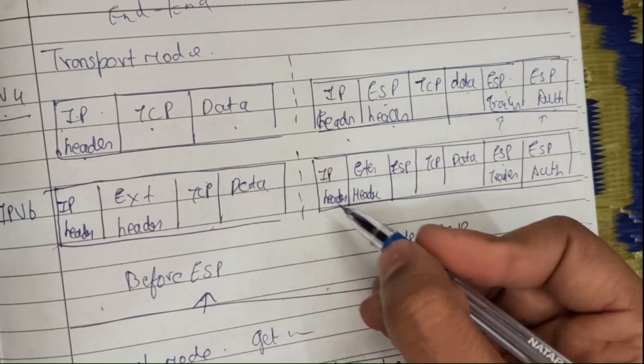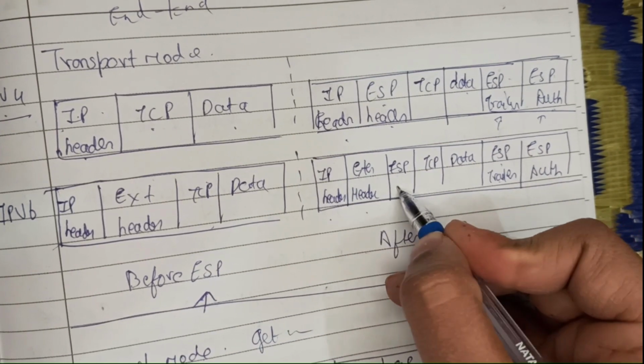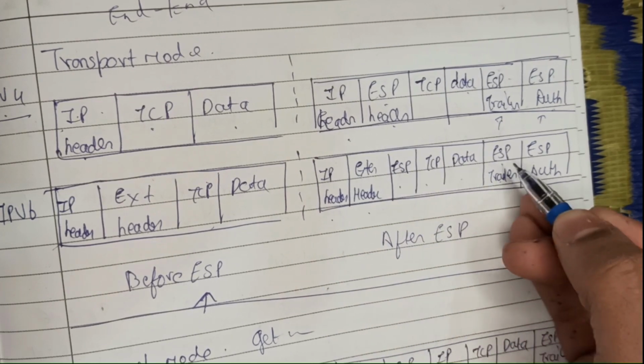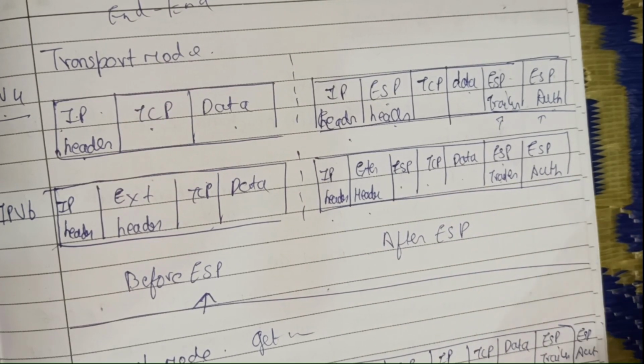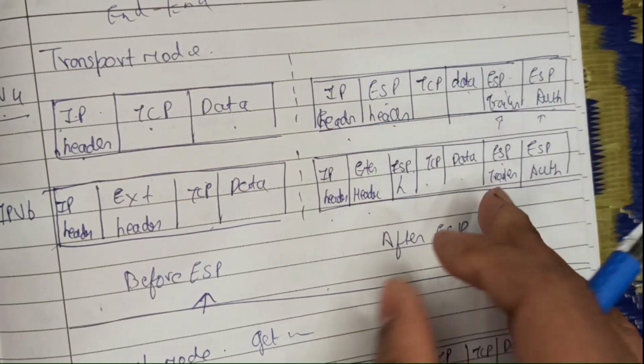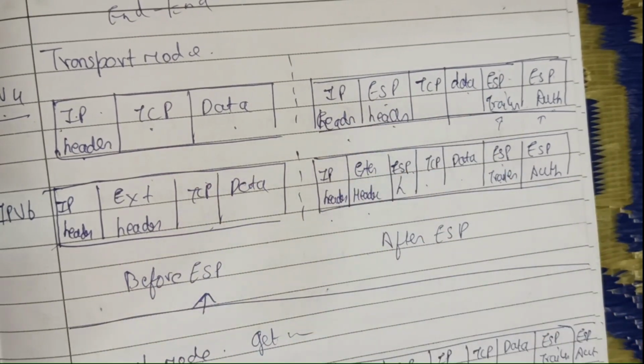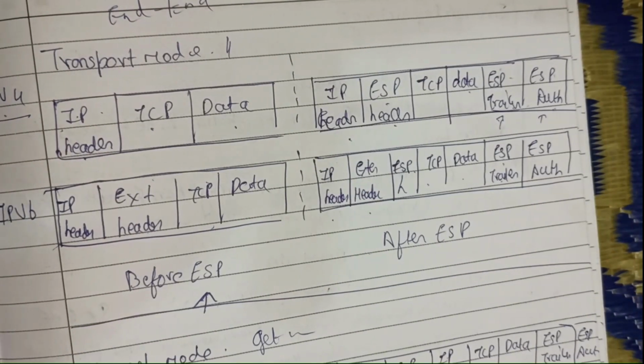This is before applying our protocol. After applying, it is IP header, extension header, ESP header, TCP, data, ESP trailer and ESP auth. Keep this ESP header in mind. We are adding a new protocol, that's why these new fields come up after applying ESP. So this is how it works in transport mode.